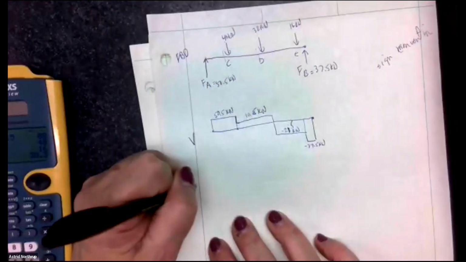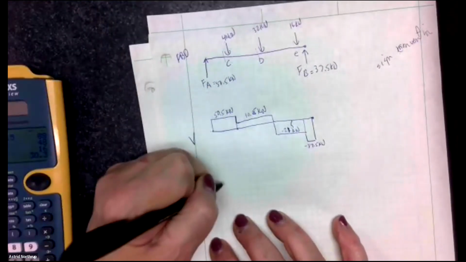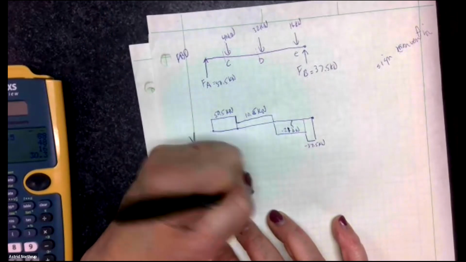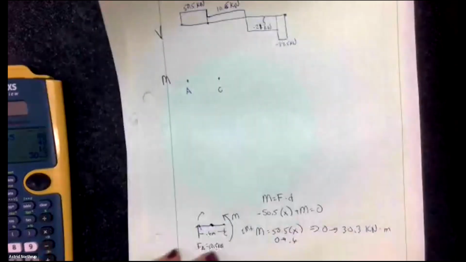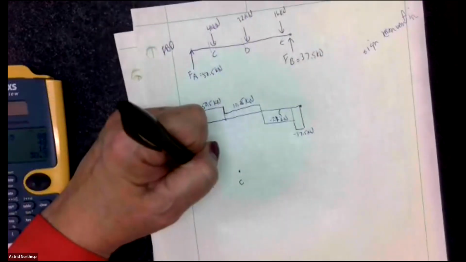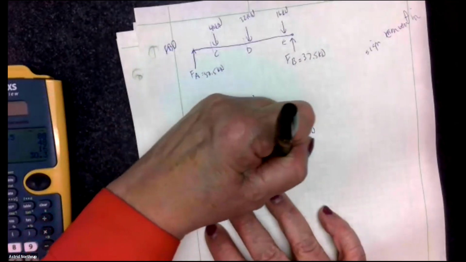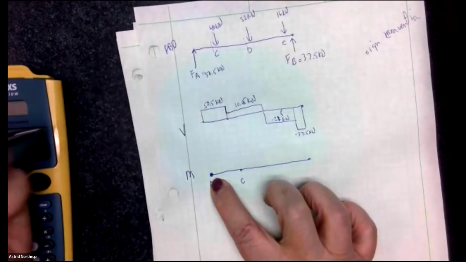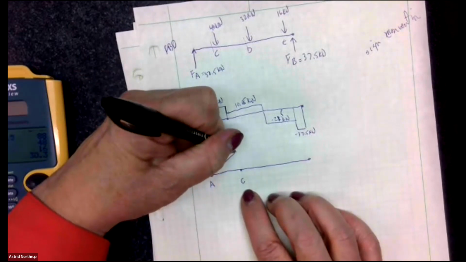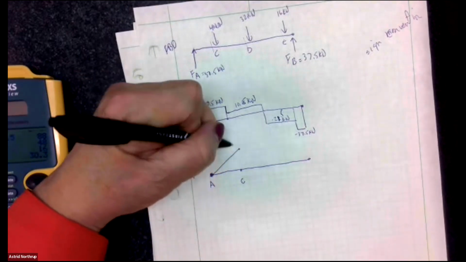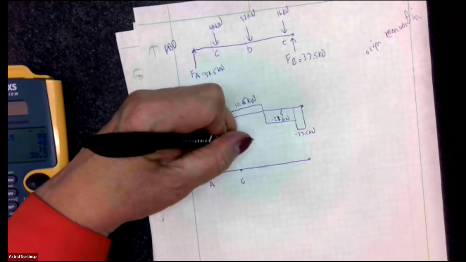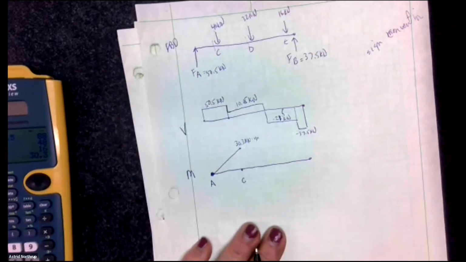Okay, so that means when I take my moment diagram, when I start here at point A and I come over here to point C, according to this equation, let me draw the rest of this here. The moment is going to start at 0. And it's going to increase linearly until I get to a value of 30.3 kilonewton meters. Okay.